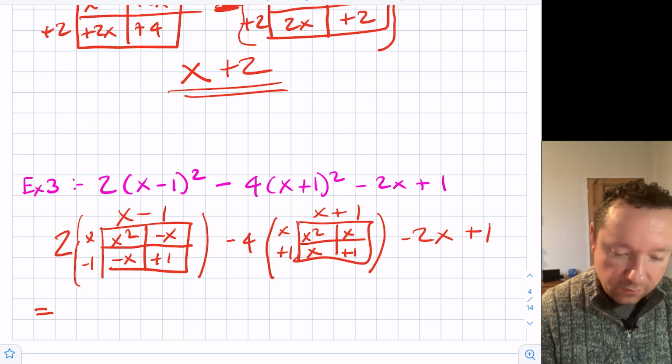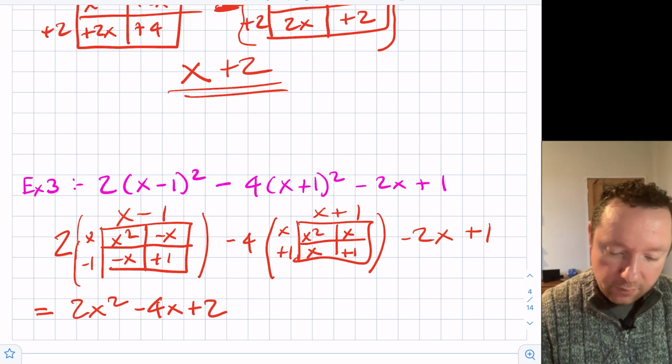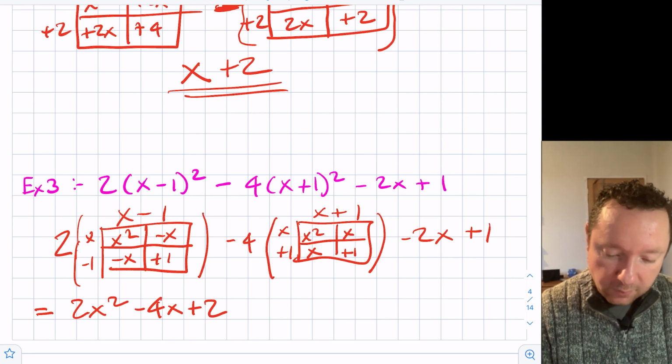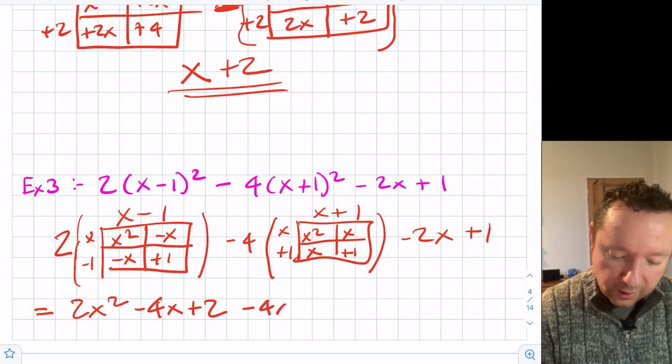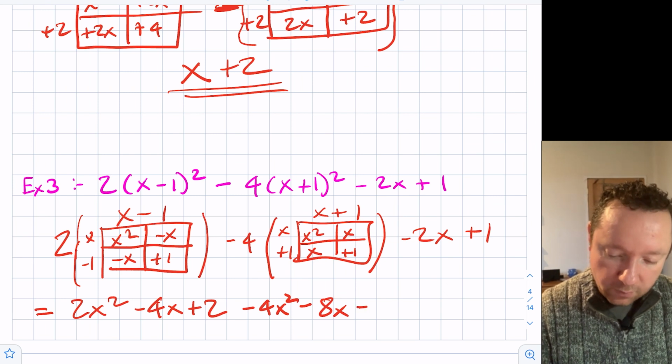So expanding everything out, we get 2 times x squared is 2x squared, minus 2x times 2 is minus 4x. 1 times 2 is plus 2. Then moving on, 4 times x squared is minus 4x squared. x plus x is 2x, times 4 is 8, so minus 8x, that should say squared. And then 1 times 4 is minus 4, and we've still got minus 2x plus 1.